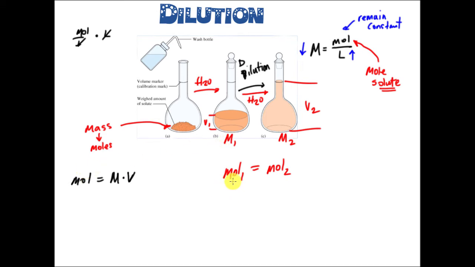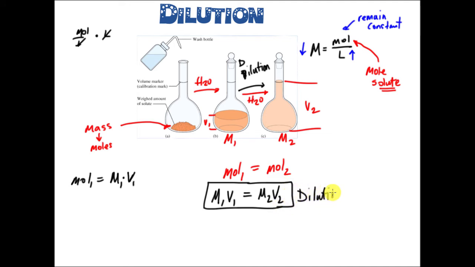Here's my point: I can take the molarity and the volume and multiply those together, because molarity times volume is equal to moles. So I'm replacing moles with that equation here. So this would be M1 V1 and M2 V2. Since these two are equal to each other, I can rewrite it that way: M1 V1 equals M2 V2. And this is what's known as the dilution equation.